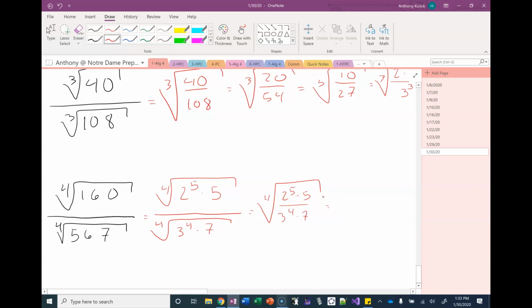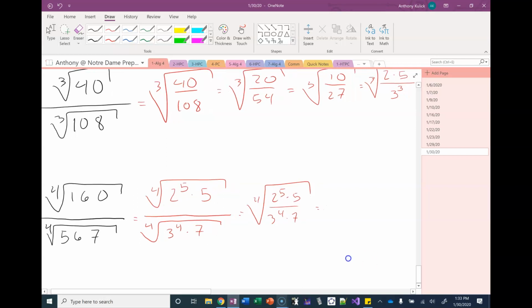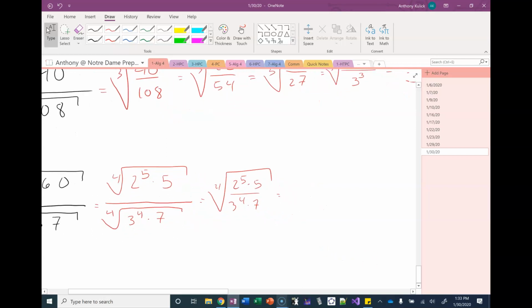What can we exchange out from the numerator? One, 2. What can we exchange out from the denominator? A single 3. Notice I was careful to write them both in the numerator and denominator. So we're left with this, right?